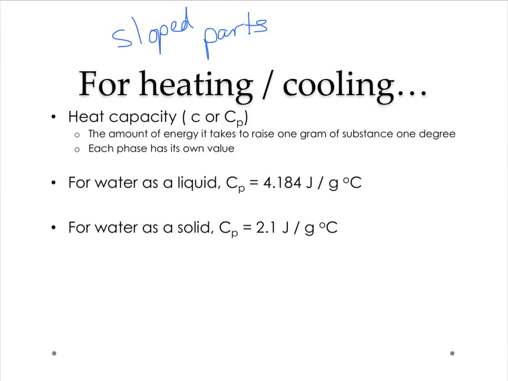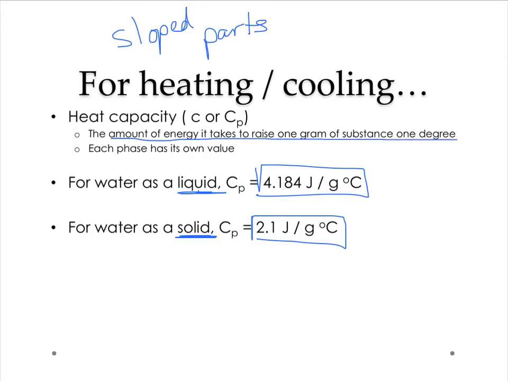So if we're looking at solid water, it takes less energy to raise a gram of the substance 1 degree than liquid, which takes a little bit more energy. So the heat capacity is the amount of energy it takes to raise 1 gram of the substance 1 degree.